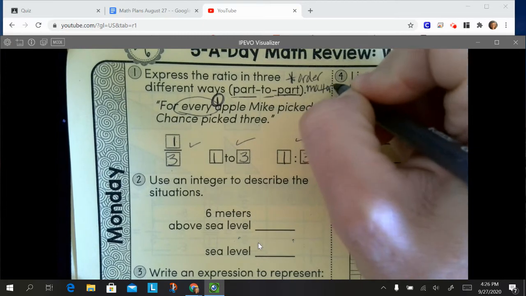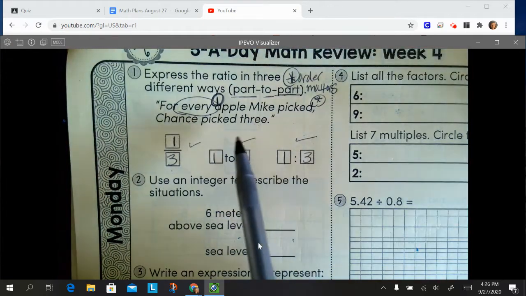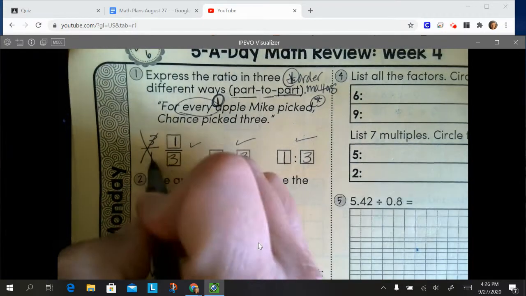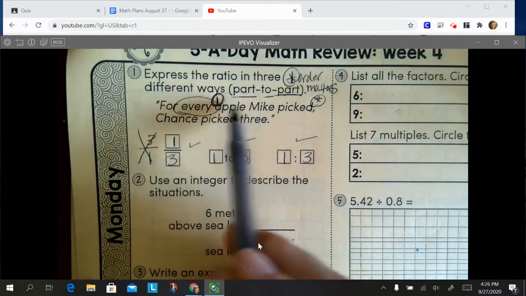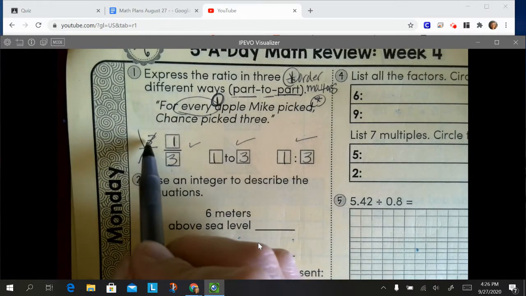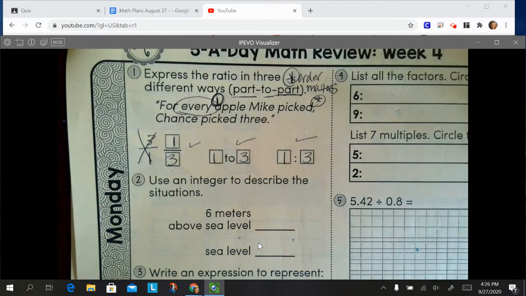I'm going to put that on here. Order matters, because it would not be 3-1. For every 1 apple Mike picked, 1 has to go first. I know the numbers are still the same, but the order definitely matters. Good job.